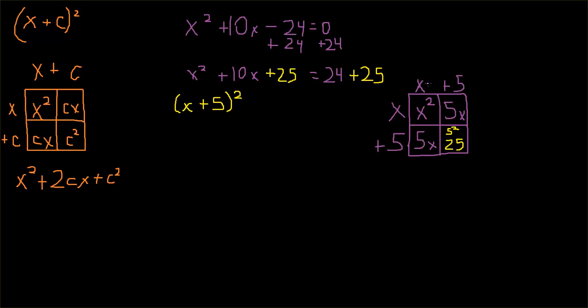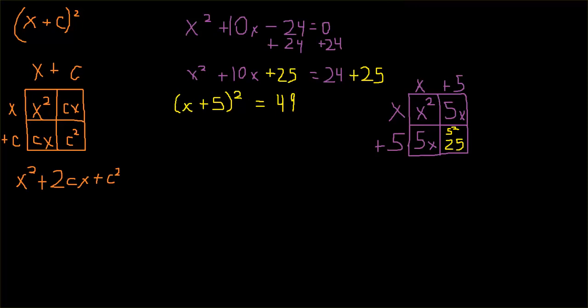And looking at our area model here, we see that x plus 5 times x plus 5 gives us x squared plus 10x plus 25. So we can break x squared plus 10x plus 25 back into the quantity of x plus 5 squared. And this equals 24 plus 25, which is 49. So now we have this quantity squared equaling 49.